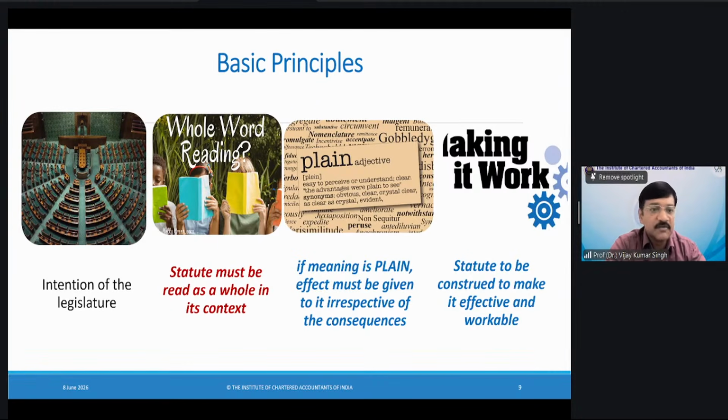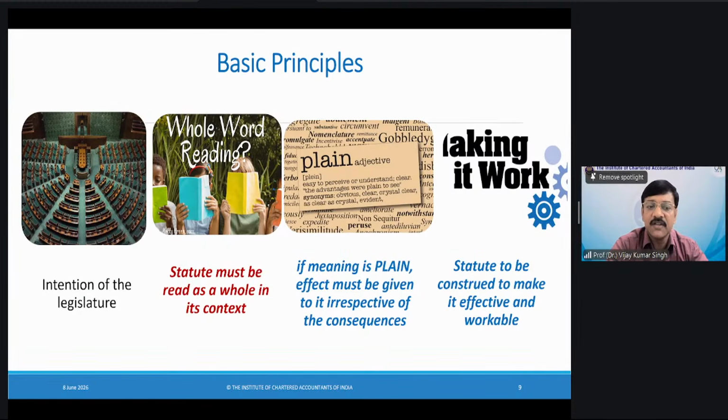It is the people by voting. And these people go to the legislature and they make laws for the people. So intention of the legislature is very important because they would only know what the law has come up for, for whose benefit the law has come up. This is the basic principle.